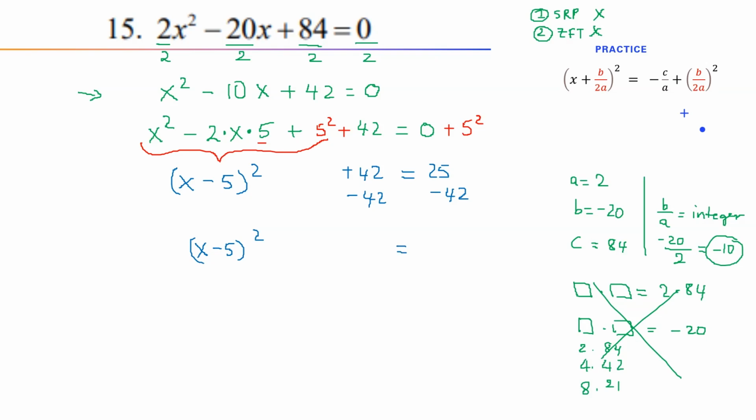equal 25 minus 42, which is negative 17, right? So this one is the square root property. x minus 5 equal plus or minus square root of negative 17.